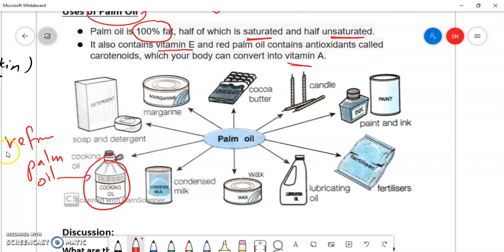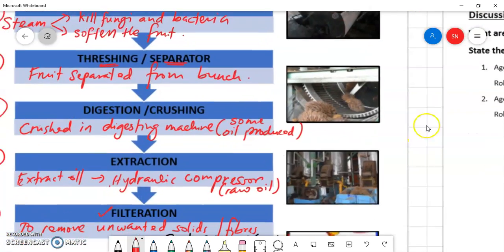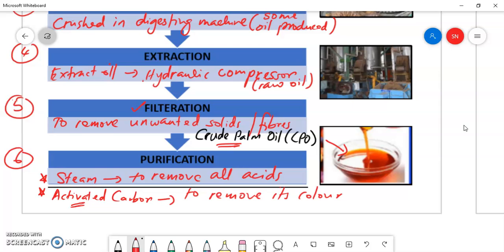All right. So earlier, just now, when we talked about this, I forgot something here. Okay, coming back to this stage, filtration and purification. I told you that filtration is going to give us crude palm oil. Okay, crude palm oil. After purification, we get refined.